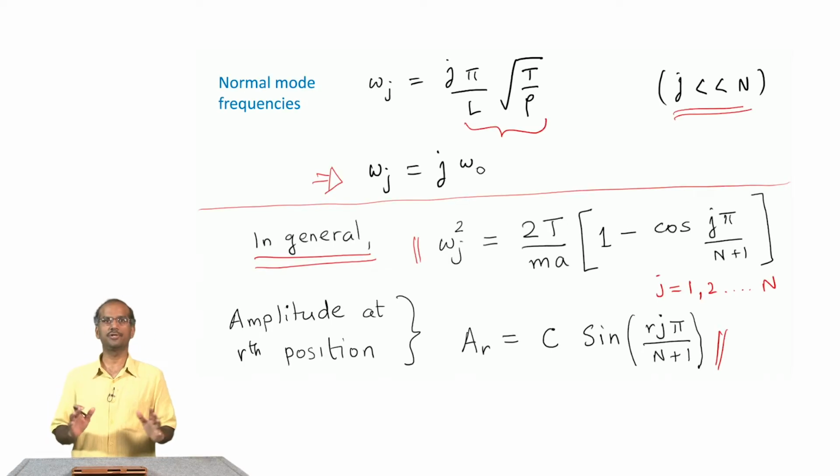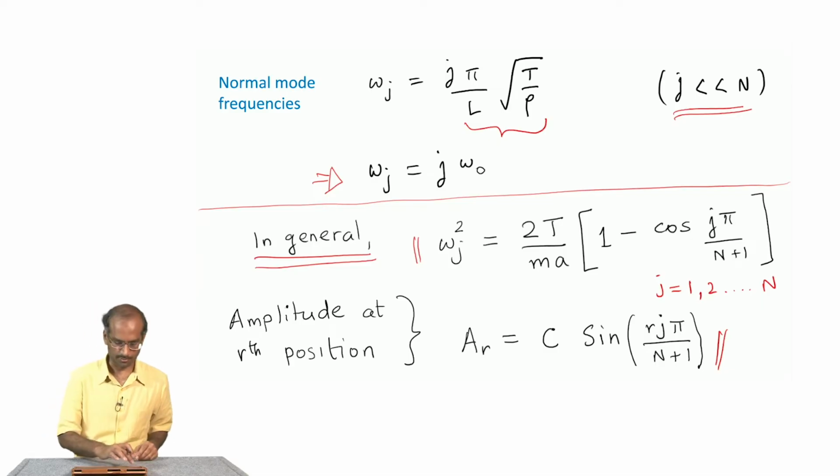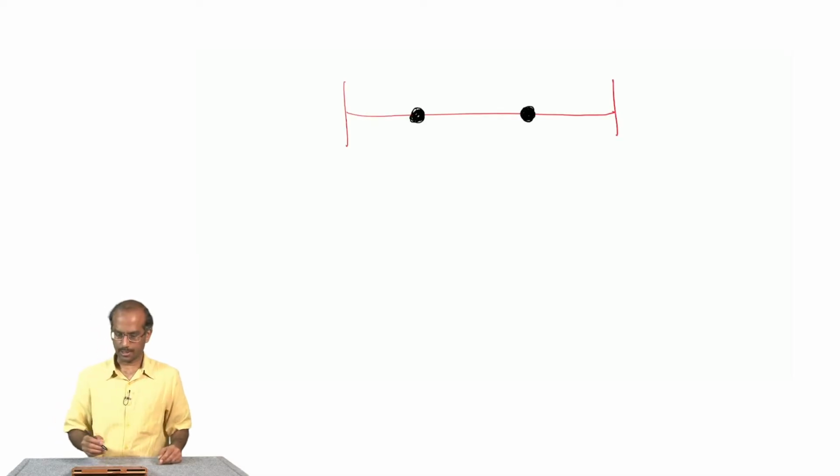So, the first thing we should do is to see if all that we did is right. We already solved, for example, a problem with two beads. So, suppose I have this simple system, instead of considering n particles, my n is now 2.